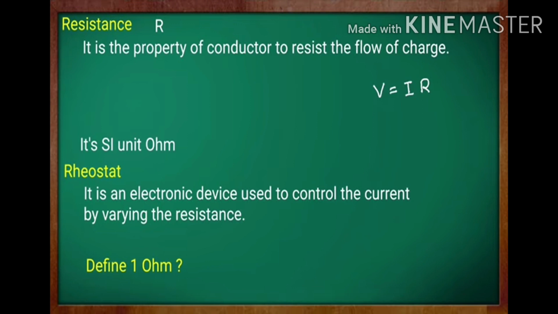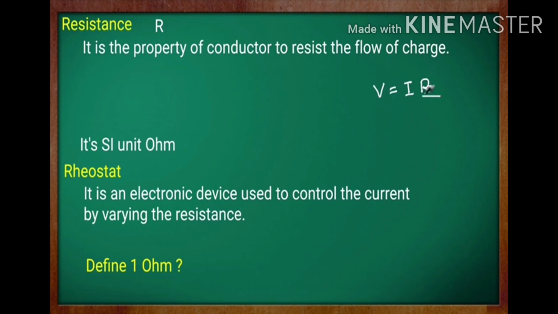Resistance R can be defined as the property of a conductor to resist the flow of charge. That means a resistor has the power to oppose the flow of charge in the conductor. Mathematically, we already know V is equal to IR.